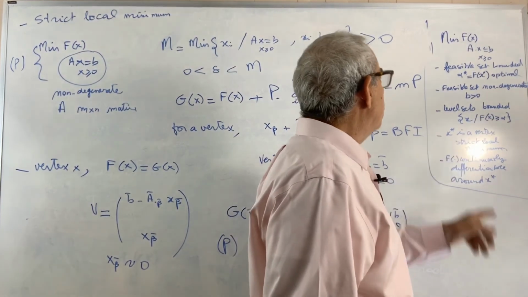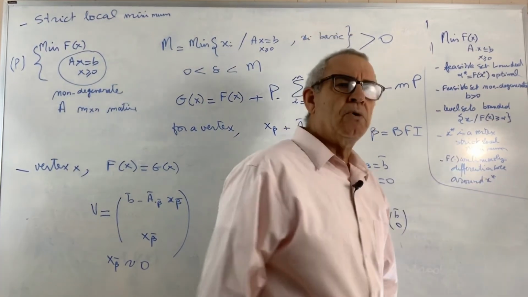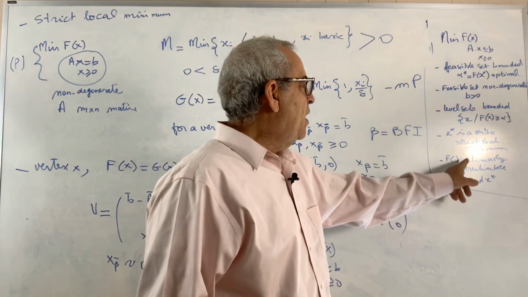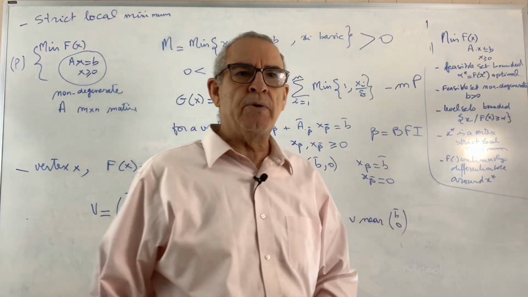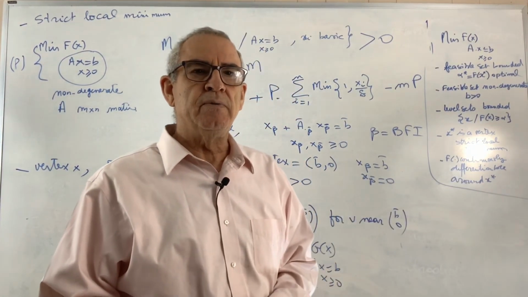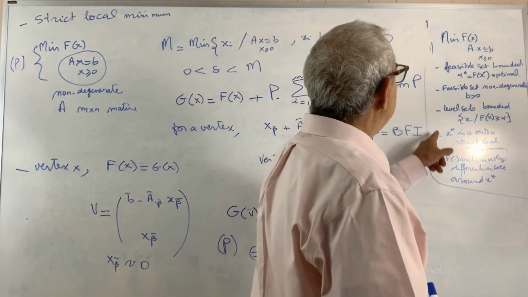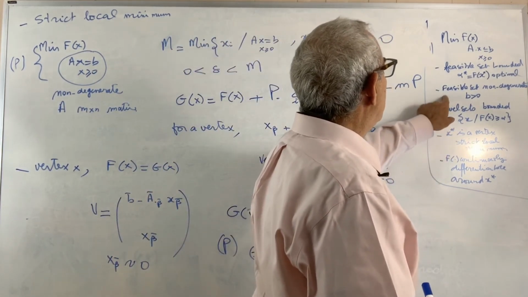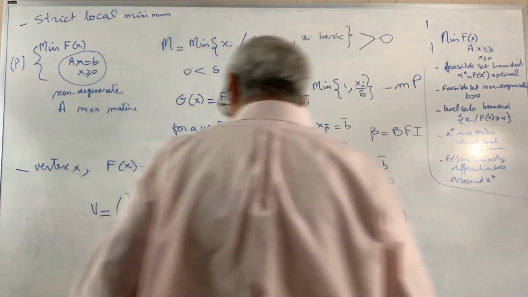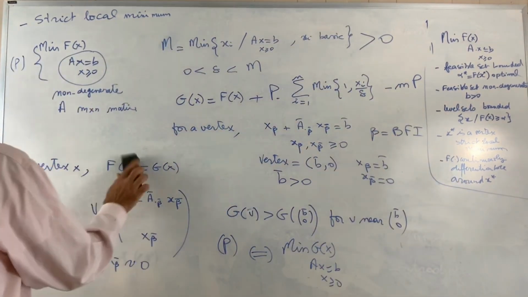Every optimal vertex is a strict local minimum, and we don't lose the differentiability around that vertex. Okay, so we looked at all the assumptions. So we are left with the feasible set being non-degenerate. How do we get around that?